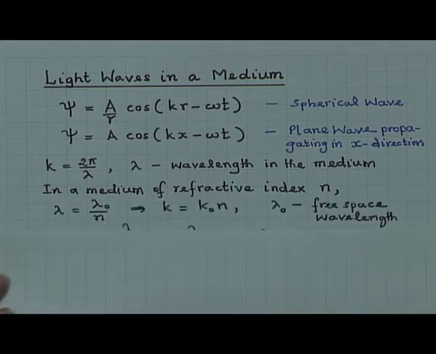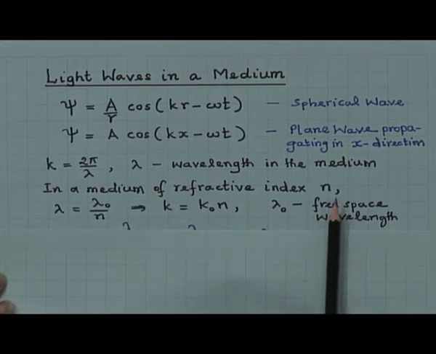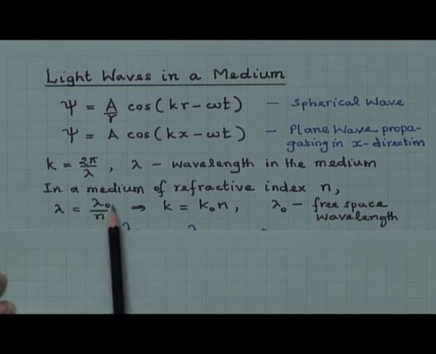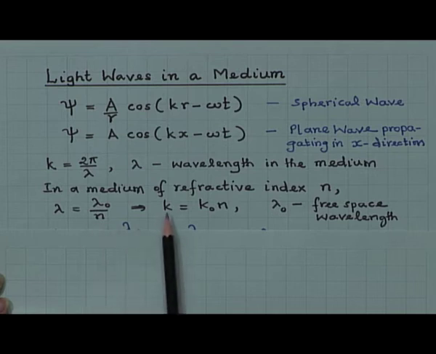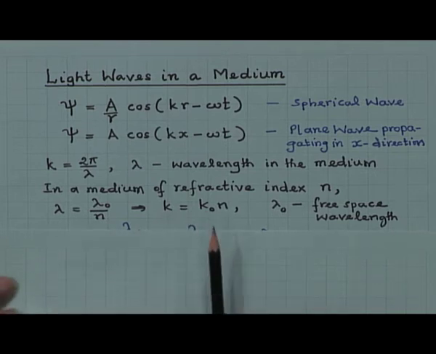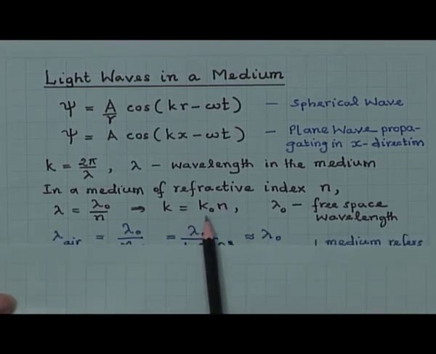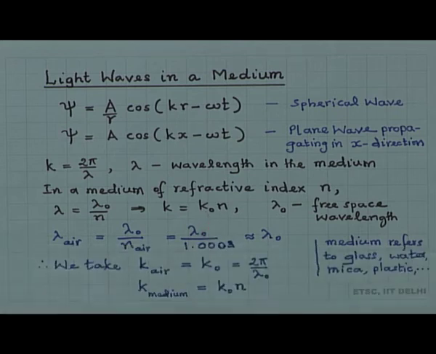However, in a medium of refractive index n, lambda is equal to lambda 0 by n, where lambda 0 is the free space wavelength, or the wavelength of light in vacuum. Therefore, k is equal to k0 times n, where k0 is 2 pi by lambda 0. For example, lambda air is equal to lambda 0 by n air.